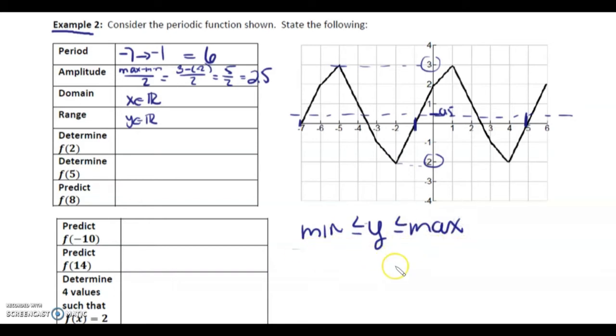And it's always going to be in this form because periodic functions are continuous. That means you're going to be able to put your pencil on your paper and draw it in one shot. You're never going to pick up your pencil. Okay, so y is an element of the real numbers such that the minimum we said is negative 2. Okay, so y is between negative 2 and 3.